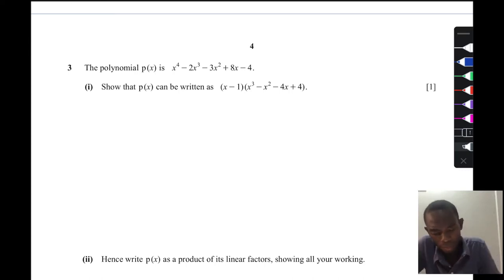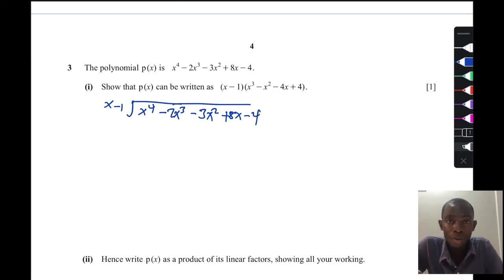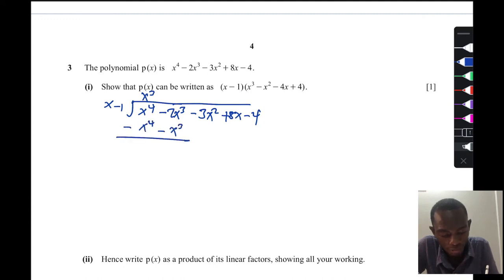Okay. So we have x minus 1. And then our polynomial is x to the 4th power minus 2x to the 3rd power minus 3x squared plus 8x minus 4. Okay, so that will give us x cubed, and then that's x to the 4th power minus x cubed. So let's subtract. The first one is 0.